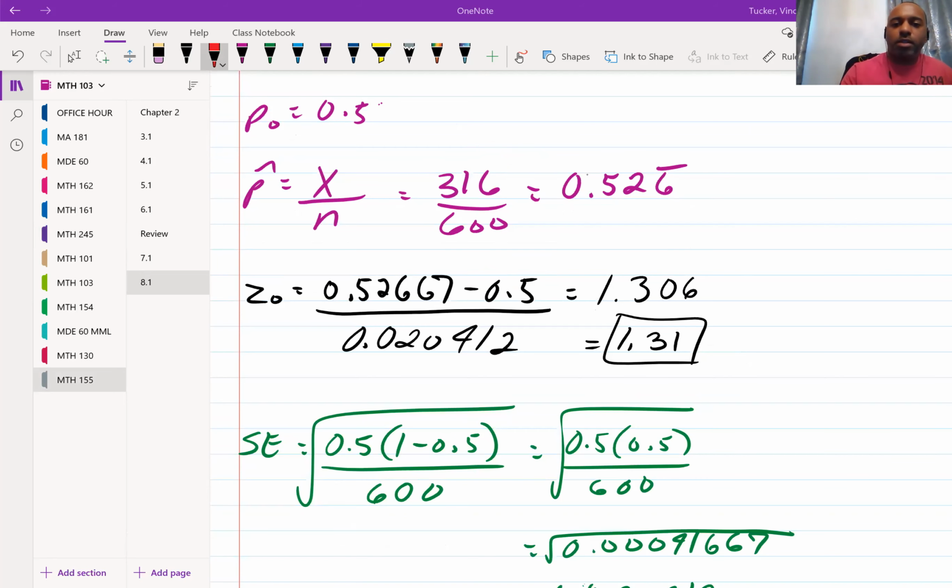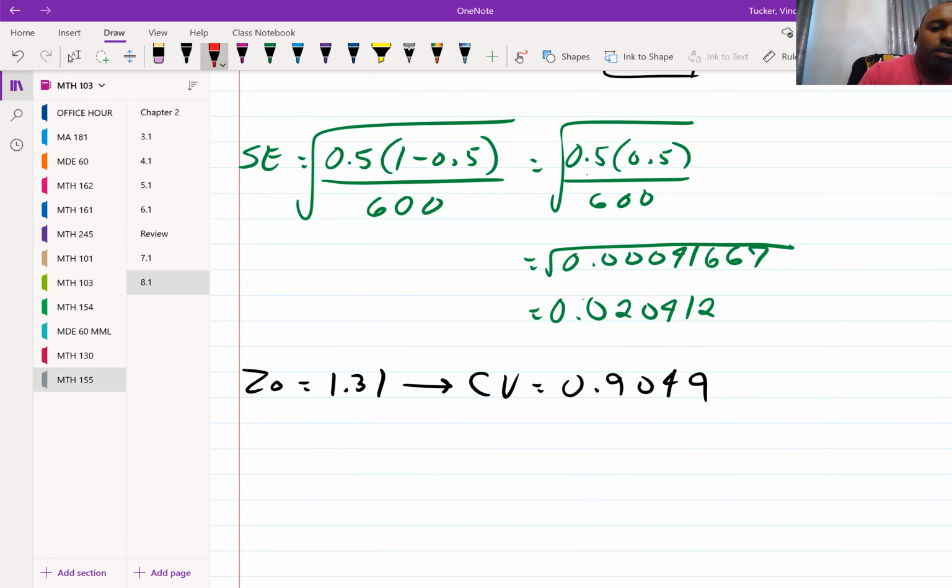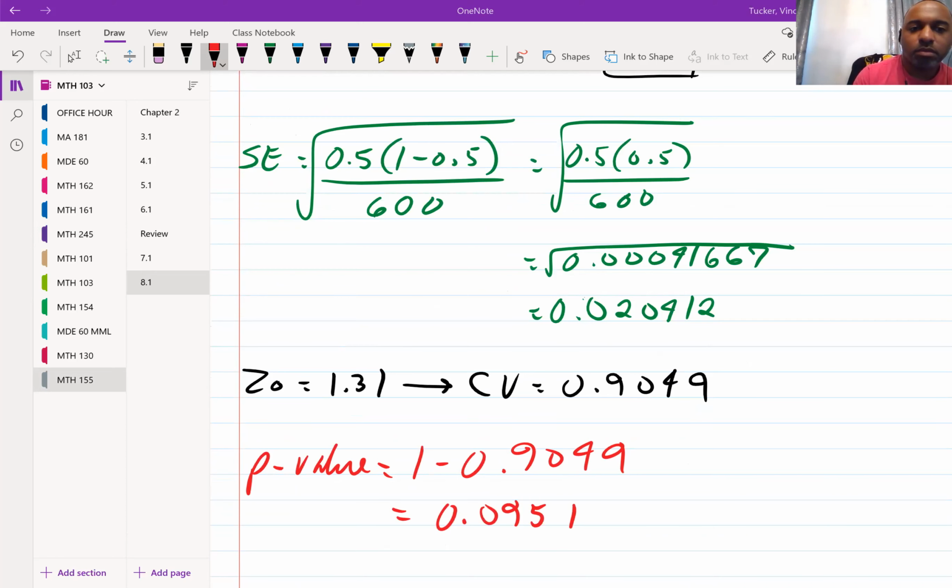All right, so we're going to take this chart value and subtract it from 1.